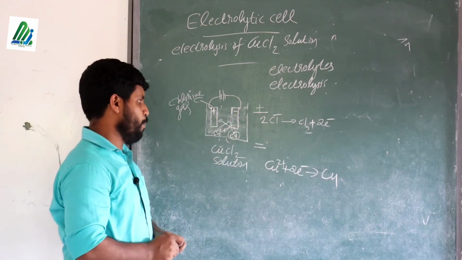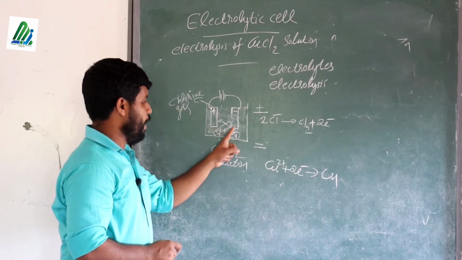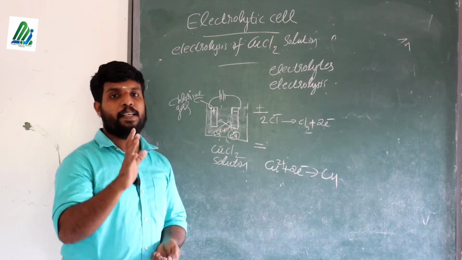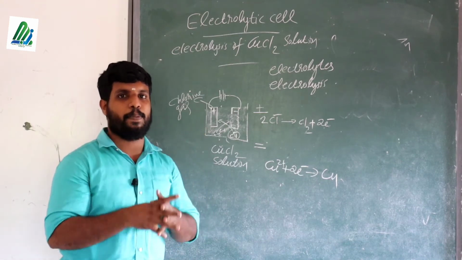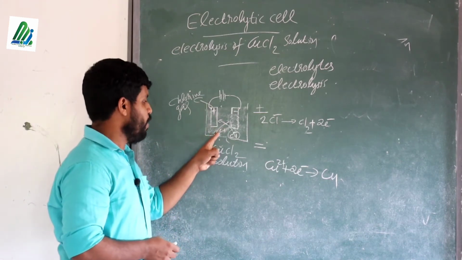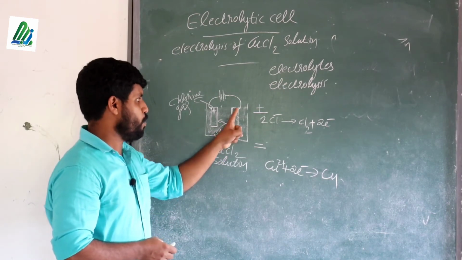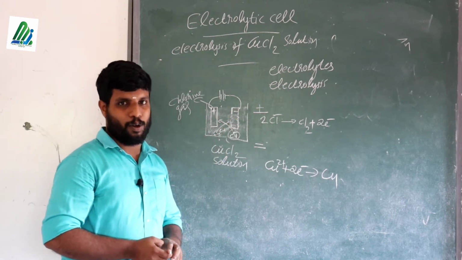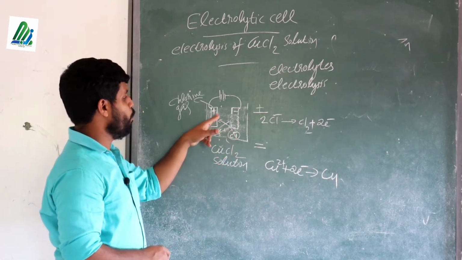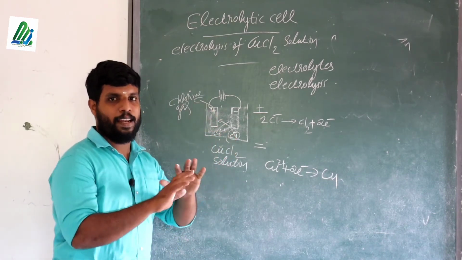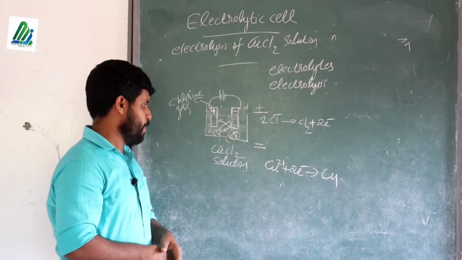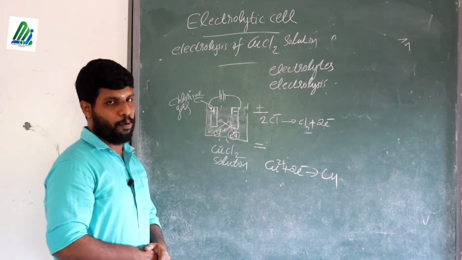Once more, the solution contains Cu2+ ions and Cl- ions. While electricity is passed through the solution using the electrodes, the positively charged Cu2+ ions move towards the negative electrode due to the attraction between opposite charges, and the Cl- ions move towards the positive electrode.